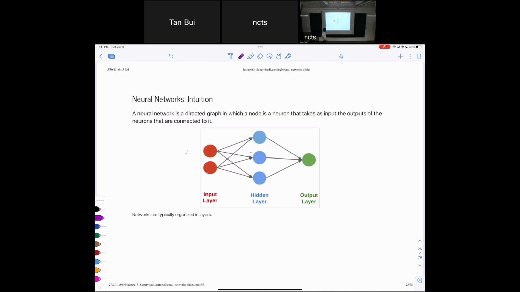And in the neural network, we organize the neurons. By the way, each of them is called a neuron or vertex. The information goes from left to right. The output of the current layer is the input to the next layer, and the output of that layer is the input to the next layer, and so on.